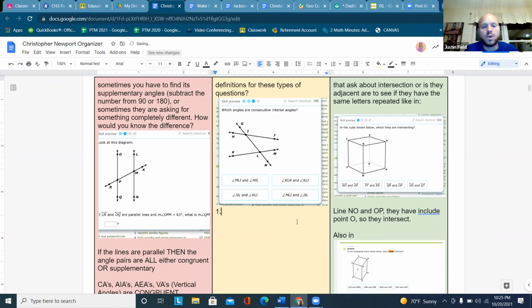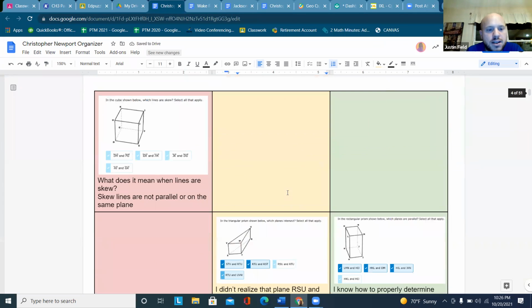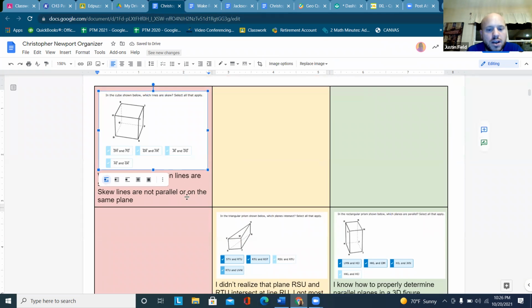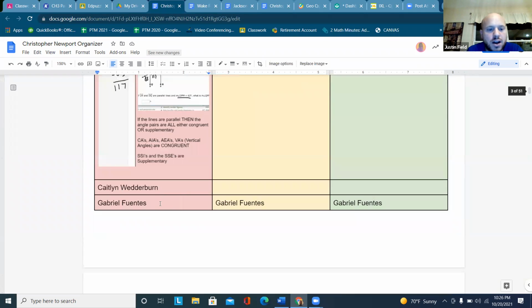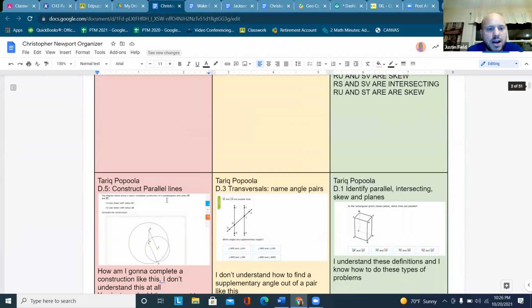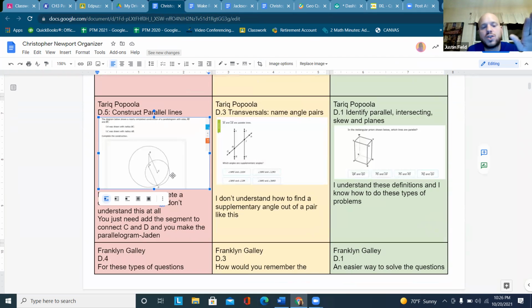Number one, see if the angle is in the interior or exterior. Number two, see which side of the transversal the angle lies on. So hopefully update the organizer or ask your classmates, Gabriel, about that one.